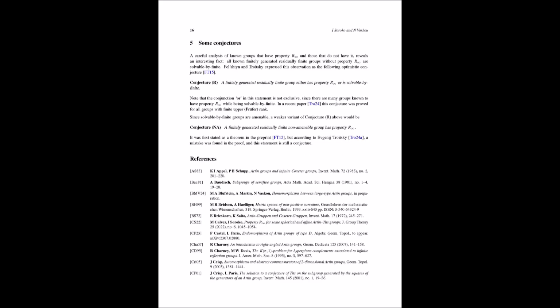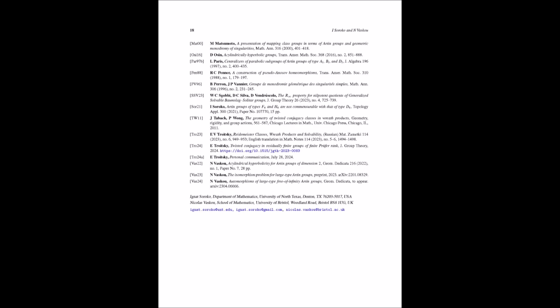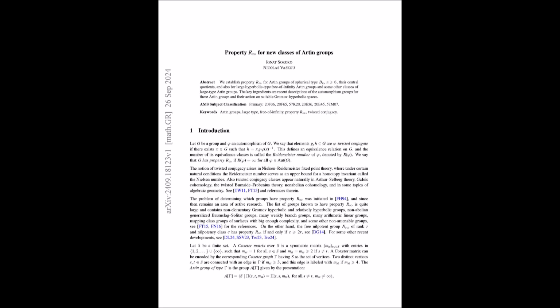So instead of just randomly poking holes in the dark, the Deligne complex gives us a set of blueprints. We can see how each poke, each change, affects the whole structure. Exactly. It's crazy powerful for understanding how these deceptively simple rules can spiral into really complex results. Yeah. And this paper, they used it to prove definitively that these new Artin groups have the R infinity property.